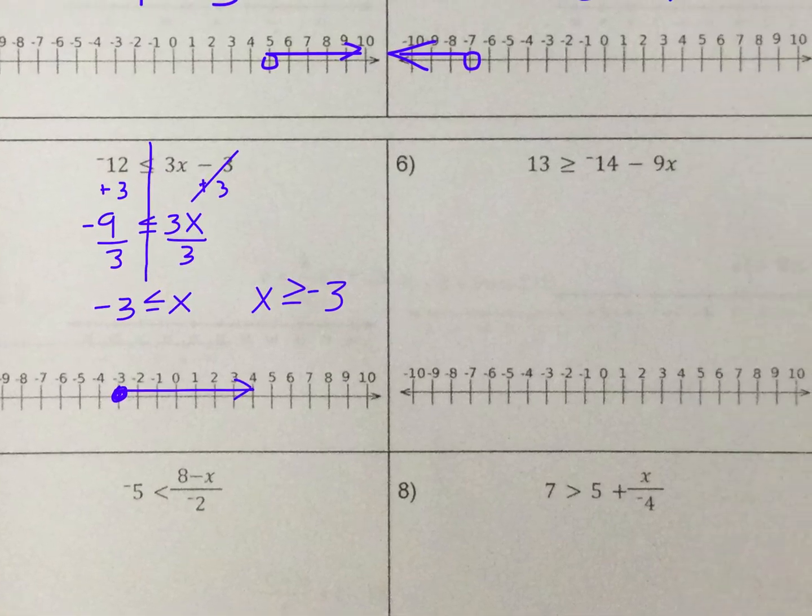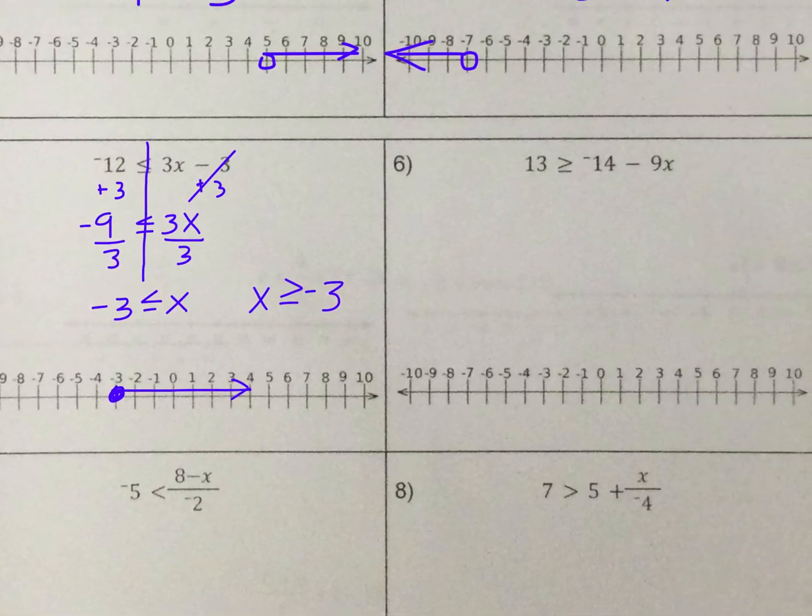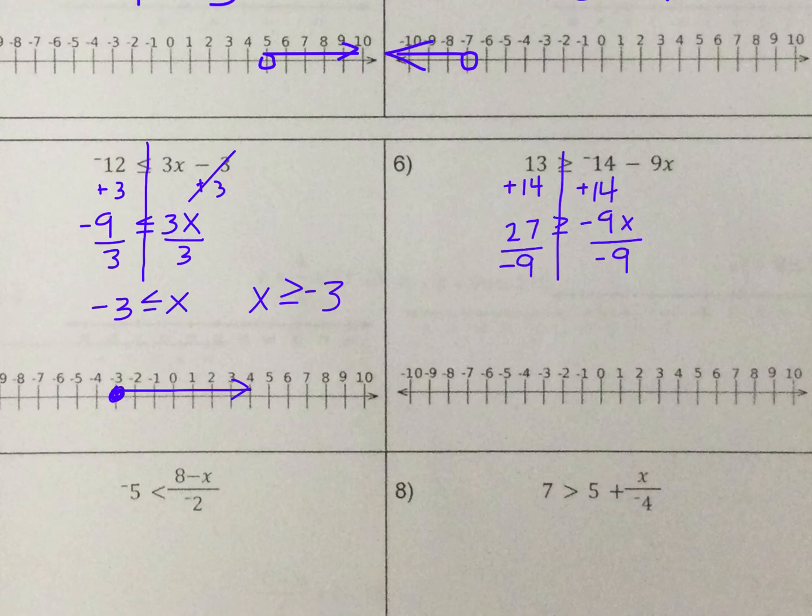Number 6, same thing. Let's move that -14 first by adding 14. 14 plus 13 is 27, greater than or equal to -9x. Now we divide by -9. All right, hold the phone. I just divided by a negative.